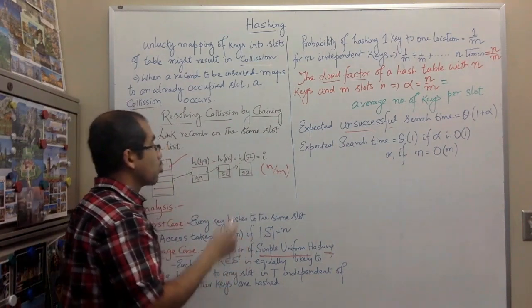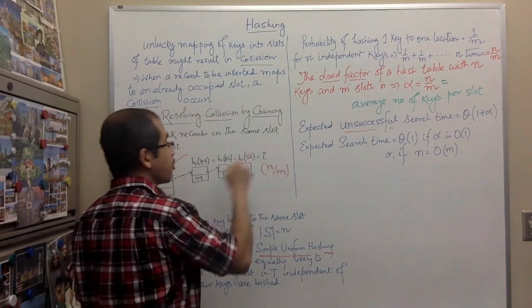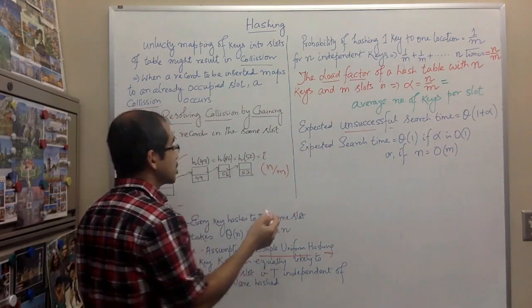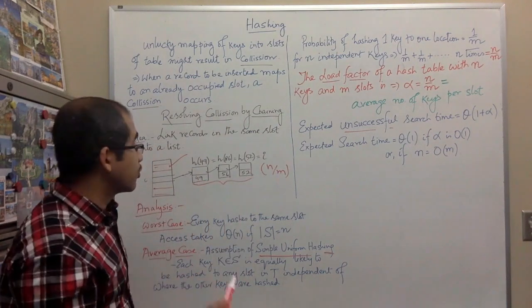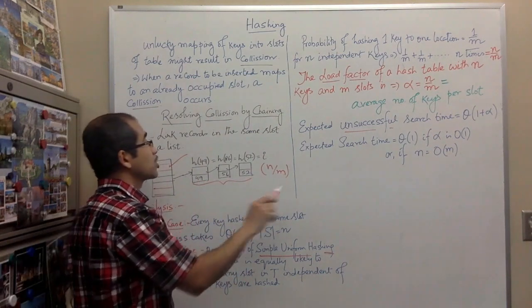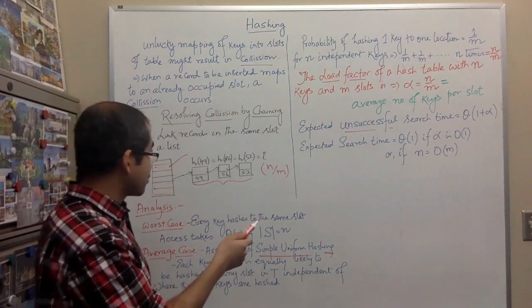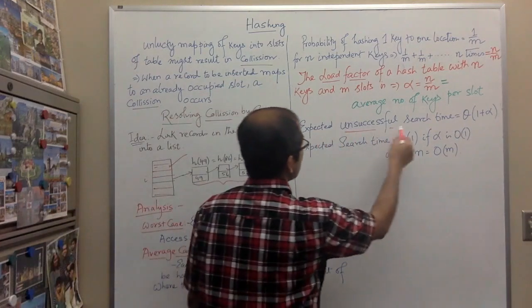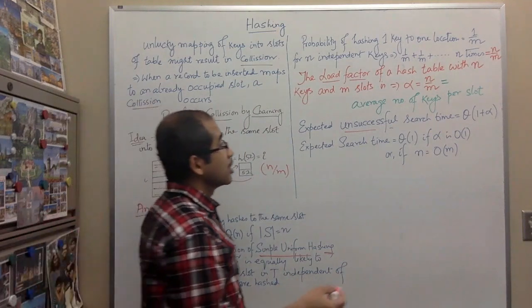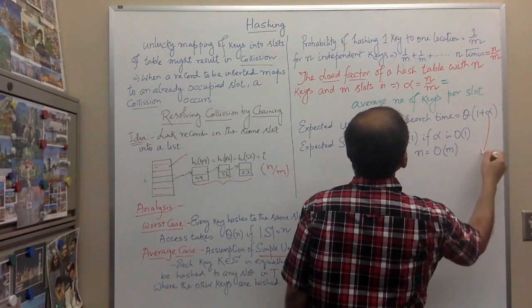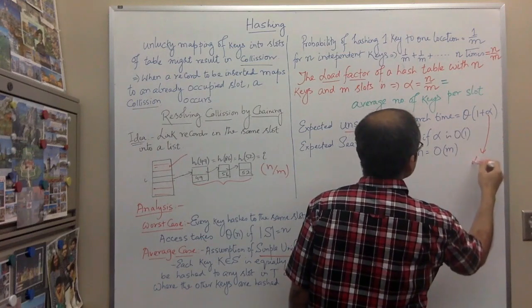Now in the worst case, for an unsuccessful search, what will happen? We go through the list and we do not find it. Only for the unsuccessful search do we search the entire list, with average size n by m. So the expected unsuccessful search time is theta of 1 plus alpha. The alpha is the load factor, the average number of keys.